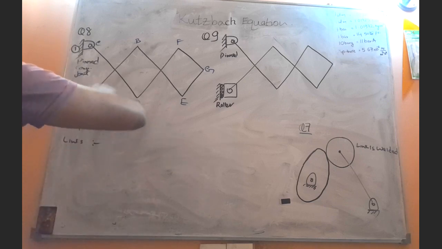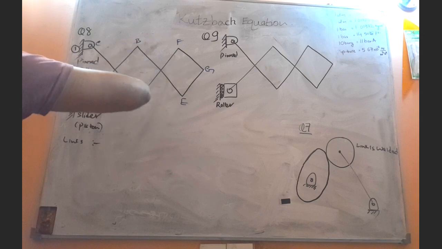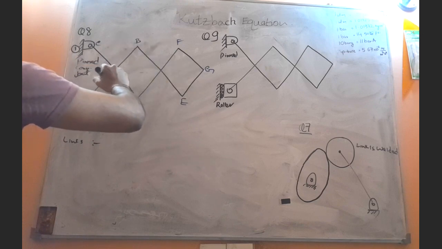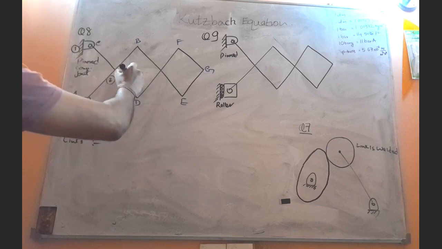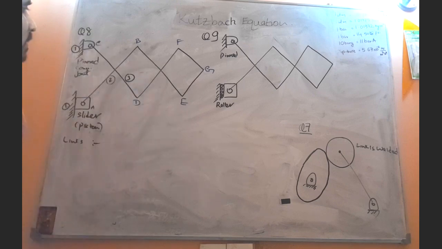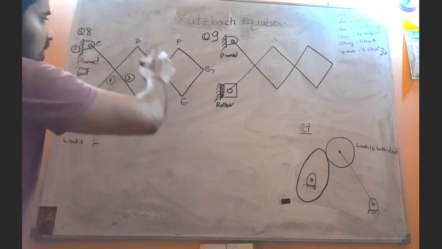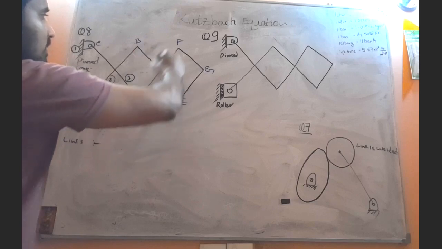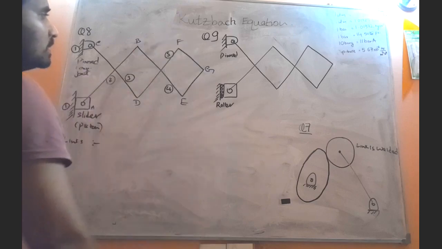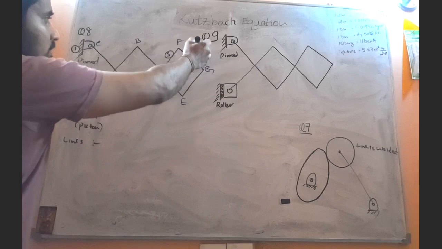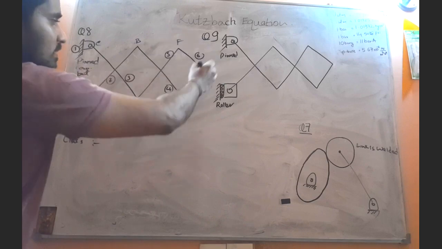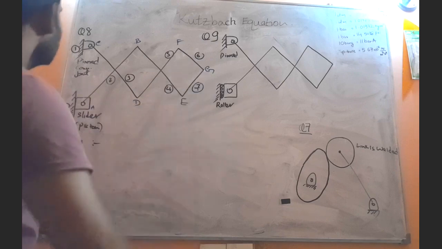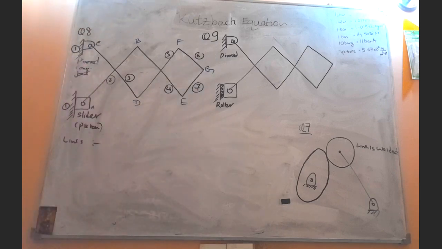This link AB, number 2. Then number 3, then this link number 4, this link number 5, then this link number 6, and this link number 7, and any other link, yes, this slider.